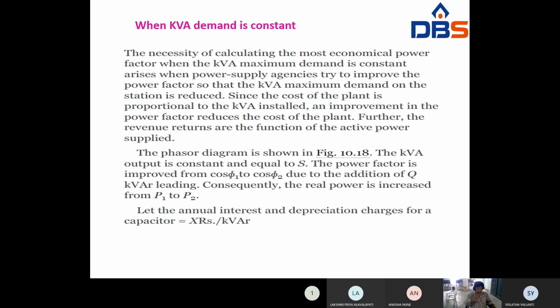Consequently, the real power is increased from P1 to P2. The annual interest and depreciation charges of the capacitor is equal to y rupees per kVAR. That is the net return per kilowatt of installed capacity, rupees y.